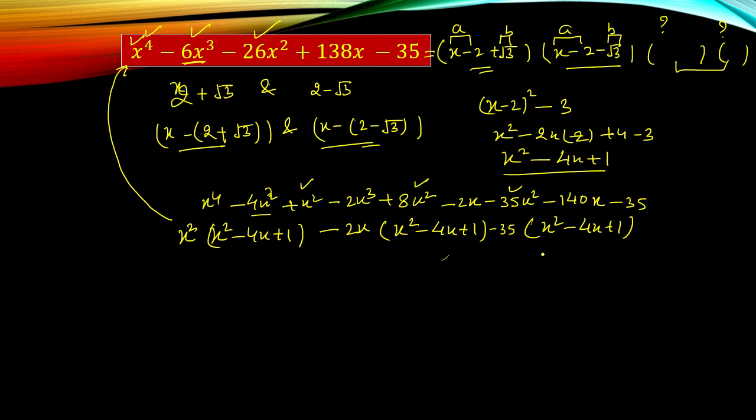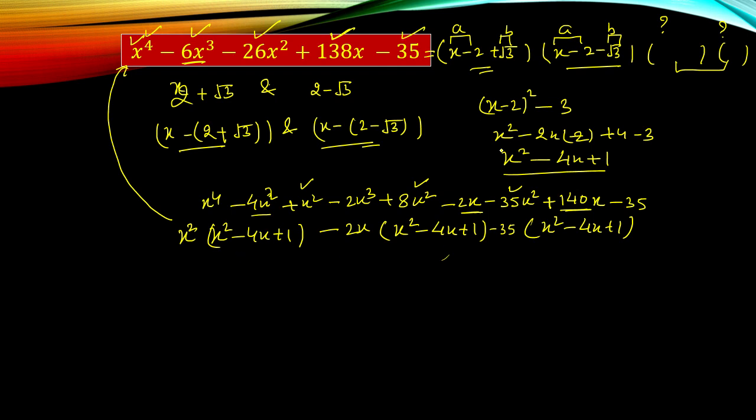So minus 35 into minus 4x, it should be 140x positive, and it is minus 2x plus 140x. So if we add them, we will get 138x positive. We got that. And now minus 35 into plus 1, we got minus 35, and this is minus 35. So our task is completed.